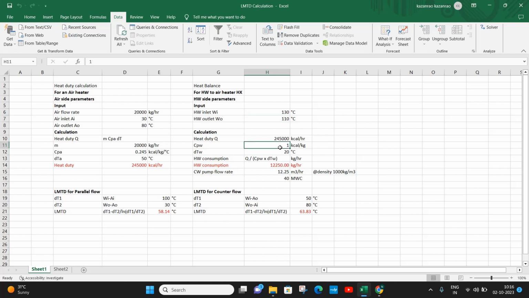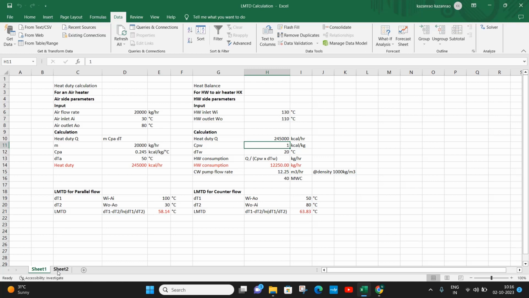Suppose we don't want to refer to these tables either for the specific heat of water or for the specific heat of air. There is one way to fit an equation from the table. The first thing that we have to do is take the values at different temperatures and then try to fit a curve.